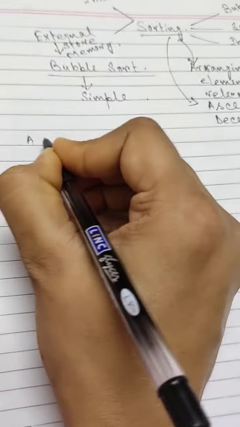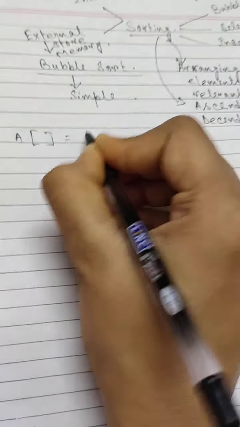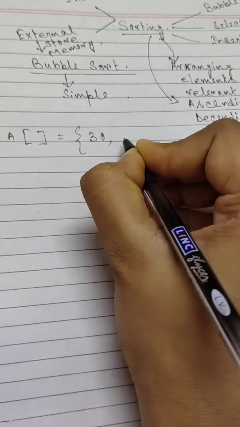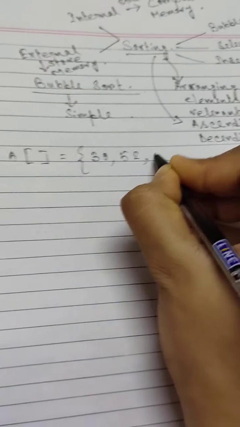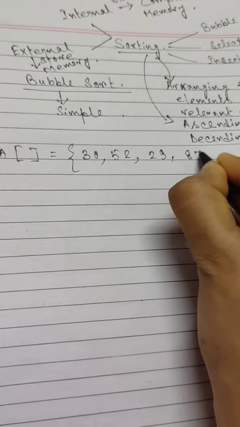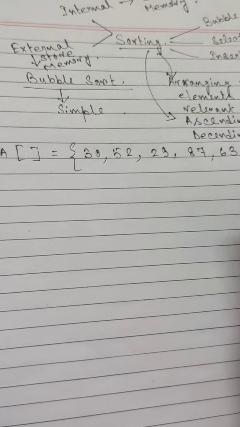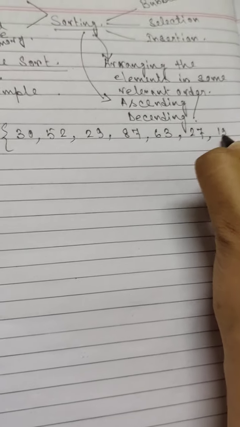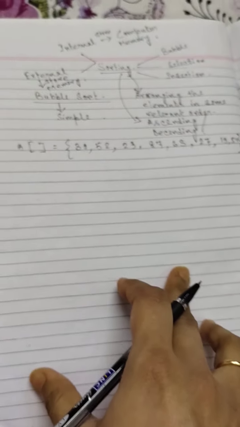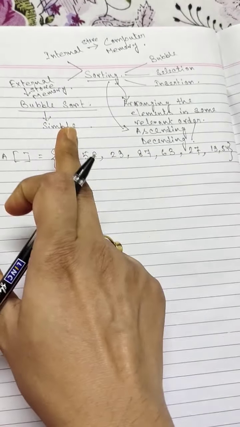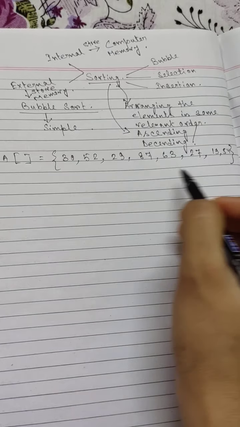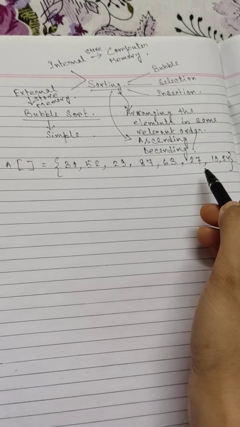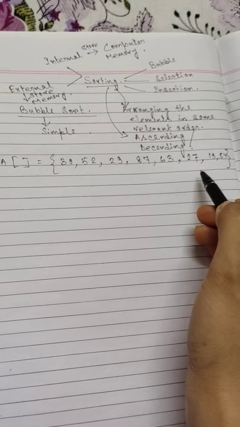Suppose this is an array: 30, 52, 29, 87, 63, 27, 19 and 54. These values are there in an array. We have to sort these elements using bubble sort, in ascending order.